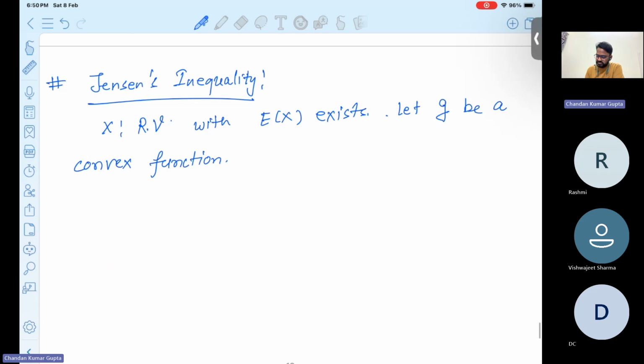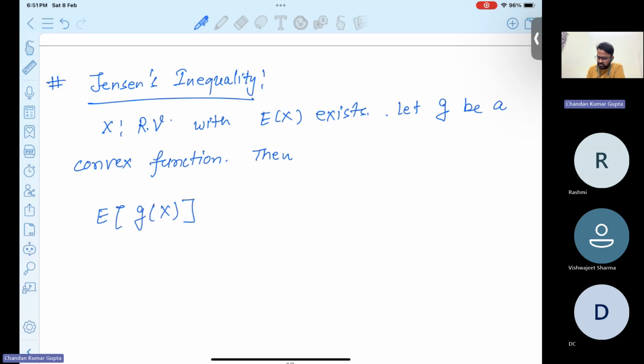In that case, this inequality tells us that the expected value of G of X is always greater than or equal to the function operated on the expected value of X itself.